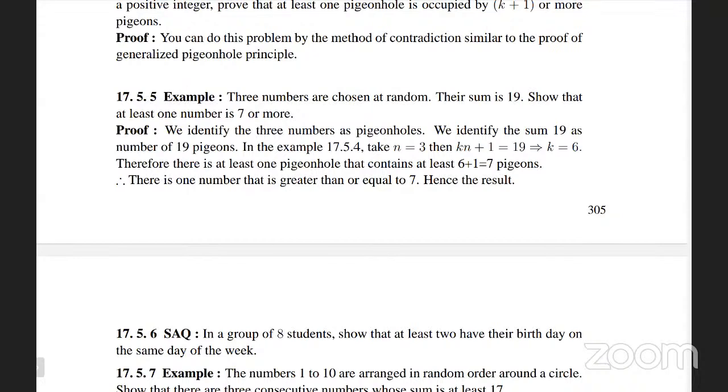Since they gave it, kn plus 1 equals 19, so k equals 6. Because 6 times 3 is 18, and 18 plus 1 is 19, so k equals 6. Therefore, at least one pigeonhole contains at least k plus 1, as per the above formula. Therefore, 6 plus 1 equals 7 pigeons. That's all. There is one number that is greater than or equal to 7.